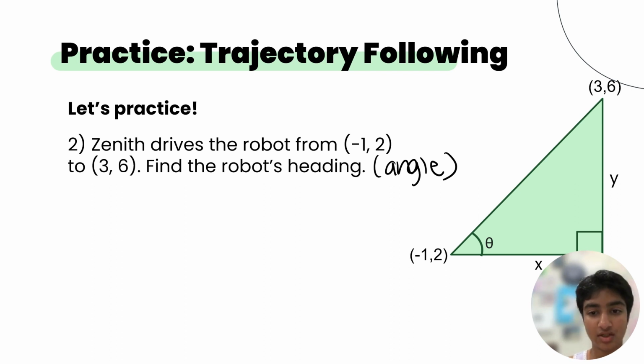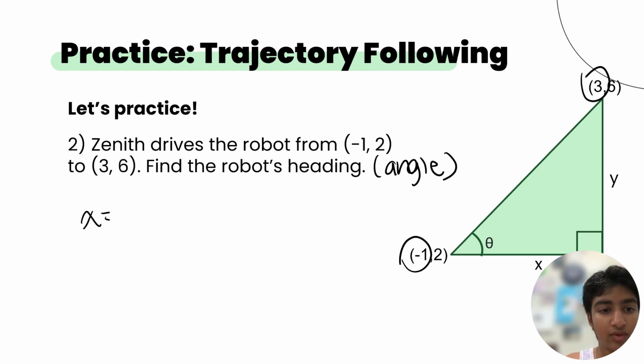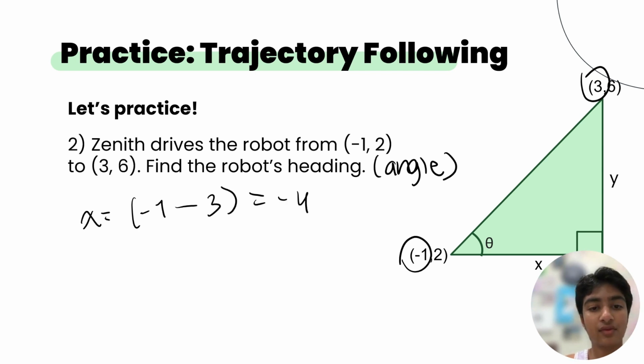Okay, let's start reviewing it. So let's start with finding the x value. We first start with the original x and then our final x. So -1 and then 3. We move from -1 to 3, so we just do -1 minus 3, just do -4. But in this case, we take the absolute value, or we just take how much distance it traveled.